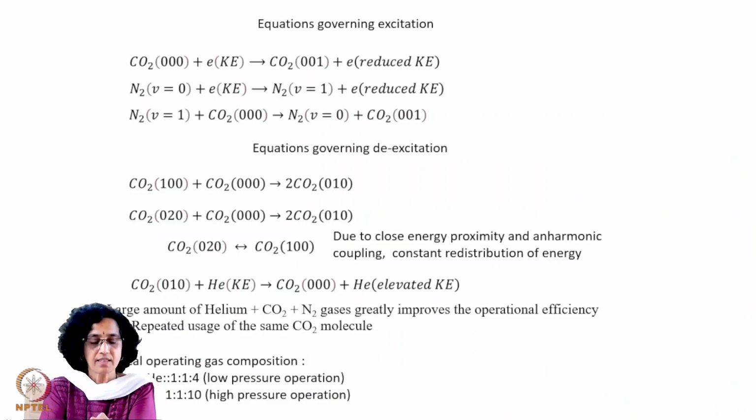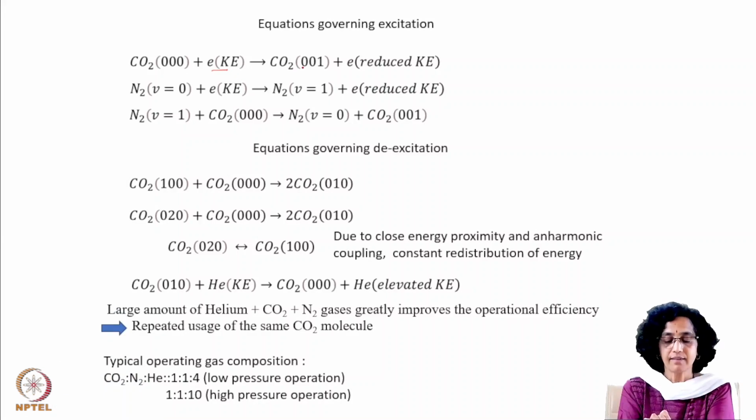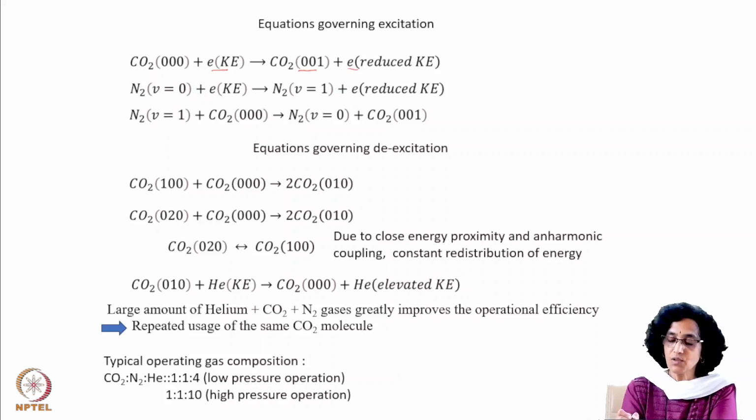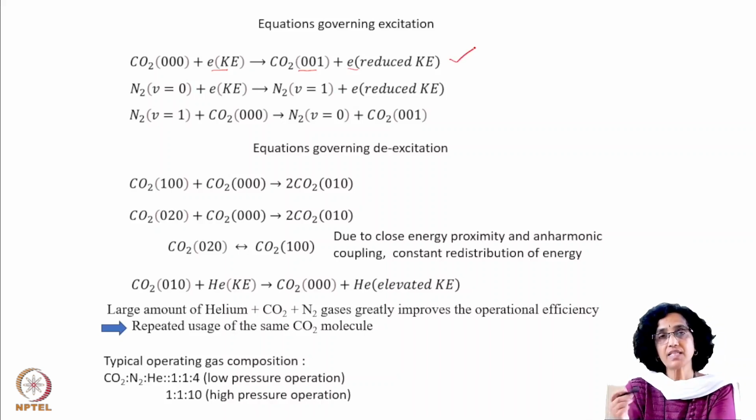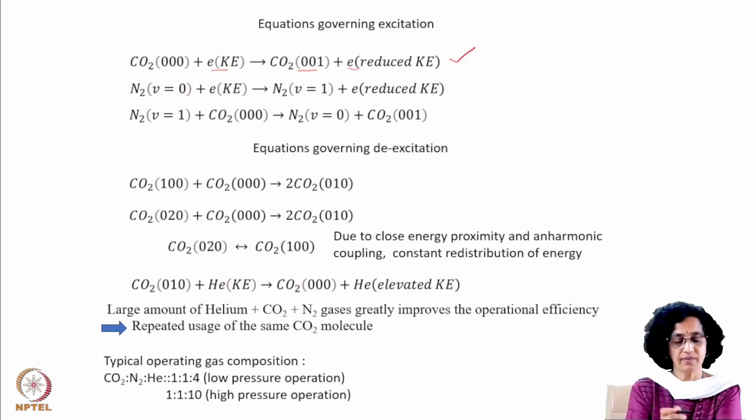So we have seen that a CO2 molecule in the ground 000 state, when it collides with an electron of kinetic energy, gets excited to the upper laser level, and this electron is now of reduced energy. This is one step of excitation, which is direct excitation through collision with electrons. Now the other one: nitrogen in the discharge also undergoes a similar kind of reaction. It goes to the upper excited level.